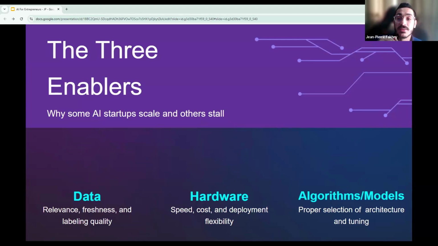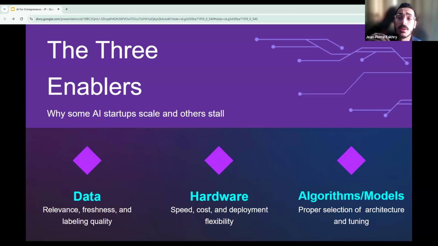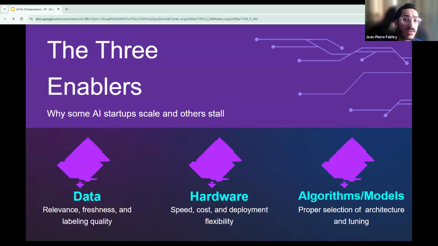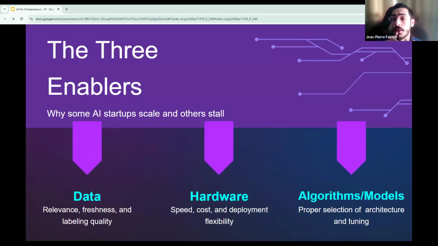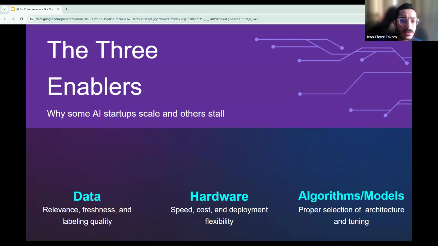Hardware or compute is basically the infrastructure layer. Here you can ask yourself, can you afford to run the AI at the volume and the speed your users need? For example, you can look into cloud providers like AWS, Google Cloud, and Azure that made this accessible through something that we call pay-as-you-go pricing, which makes it much cheaper.